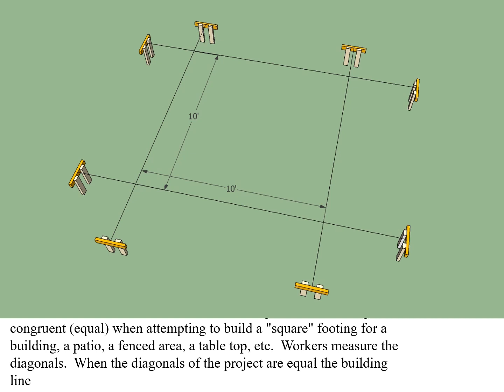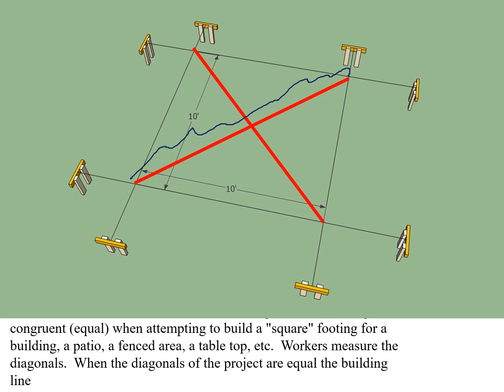Now, just because you say I got a 10-foot board and a 10-foot board, that does not necessarily make it a rectangle or a square, because you don't know if you've got right angles. What you can do is measure the diagonals, and if this diagonal is 11.2 feet, or 11 feet 2 inches, and it matches the other diagonal, then you know that you've got right angle corners.